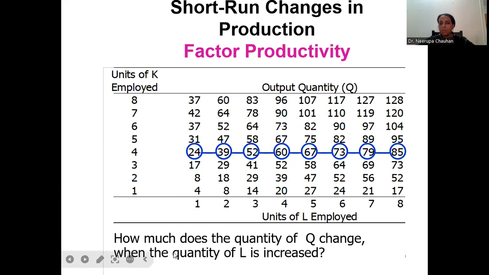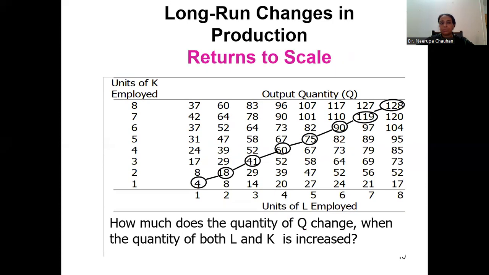So when one labor is employed, we are producing 24 quantity, but now we employ 8 laborers with the fixed capital. So we are able to reach a high quantity of output. How much does the quantity of Q change when the quantity of L is increased? As I am increasing my labor at the same capital cost, we are increasing the output. This is called factor productivity.